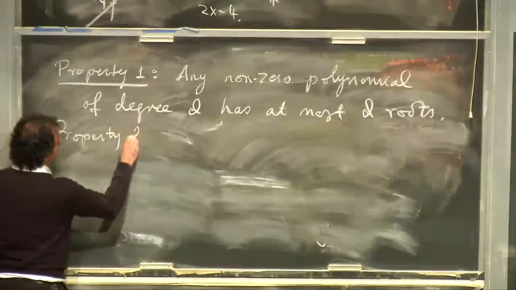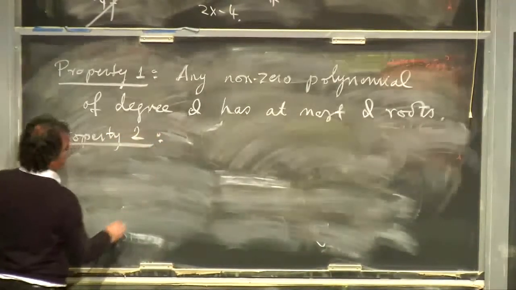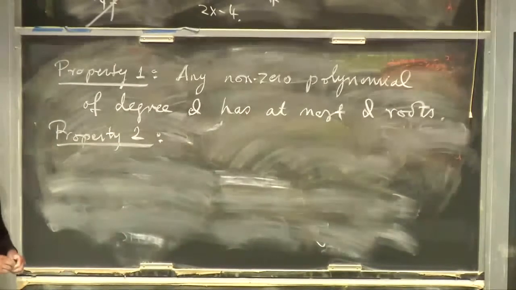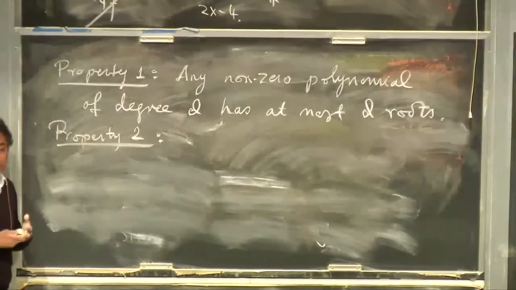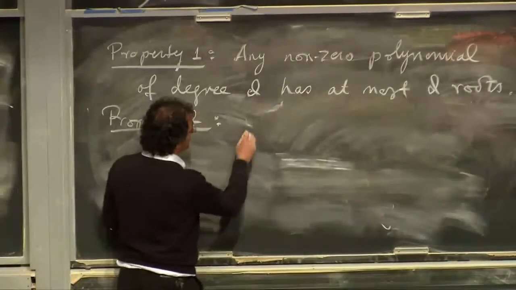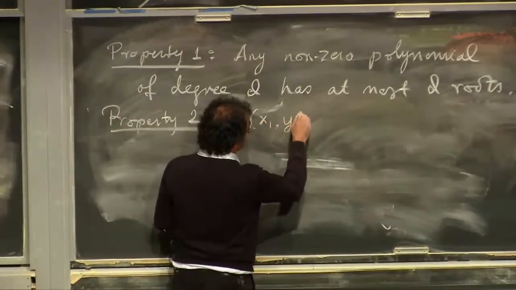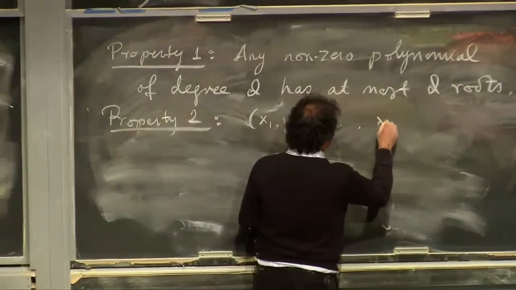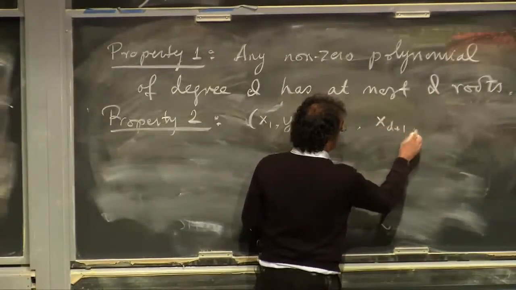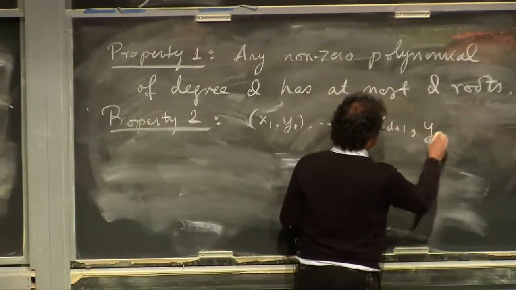And then there's a second property, property 2, which is, suppose you're given the values at d plus 1 points. So suppose you're given the values that at x1 the value should be y1, and at x sub d plus 1 the value should be y sub d plus 1.